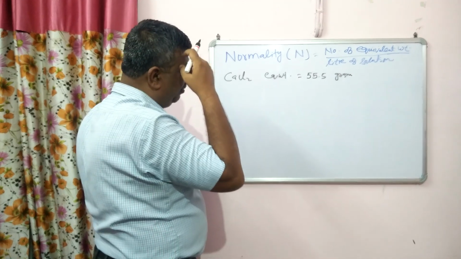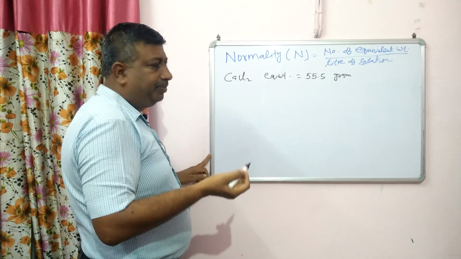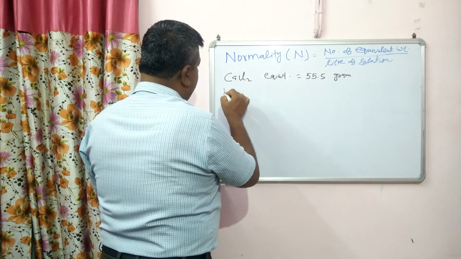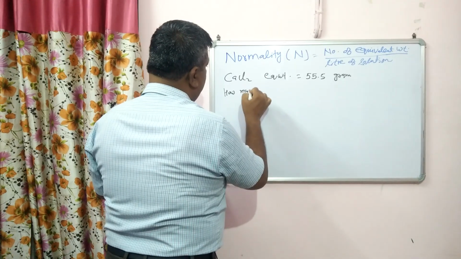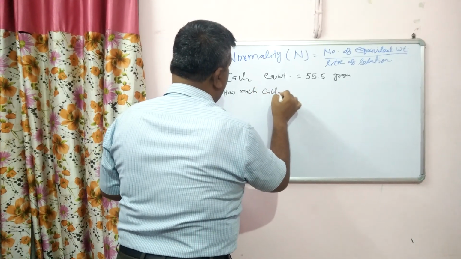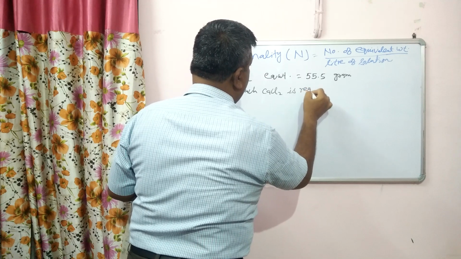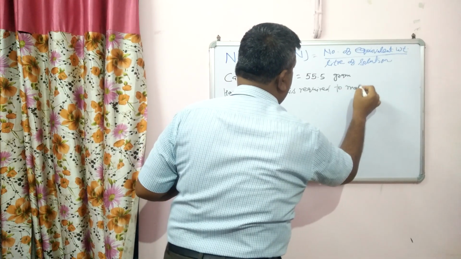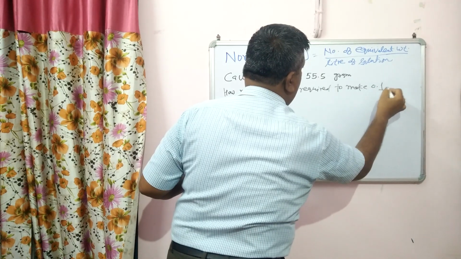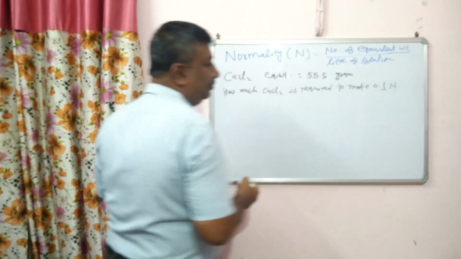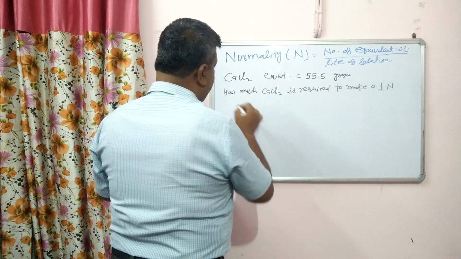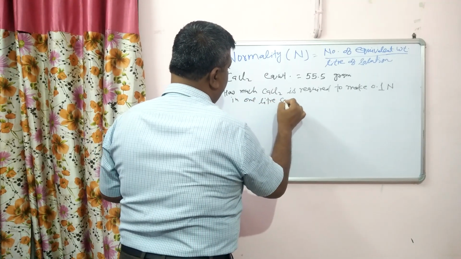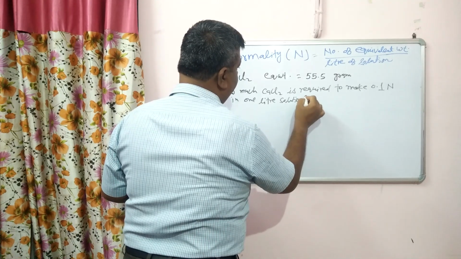So the question may be: how much CaCl2 is required to make 0.1 N in 1 liter solution? For example, this is the question.